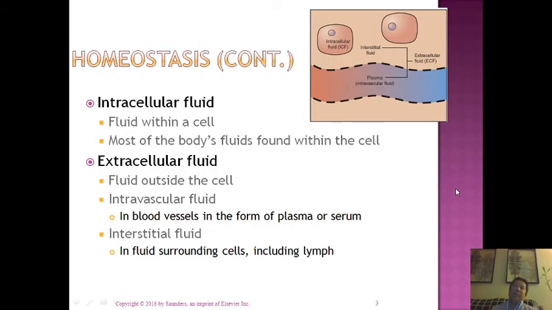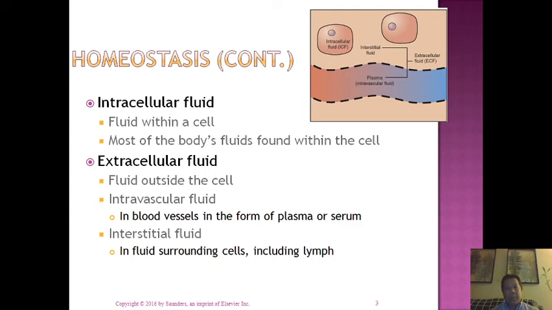So, when we talk about homeostasis, we talk about internal balance. Of course, the main concept that we need to understand is what are the fluids that are responsible for maintaining homeostasis.